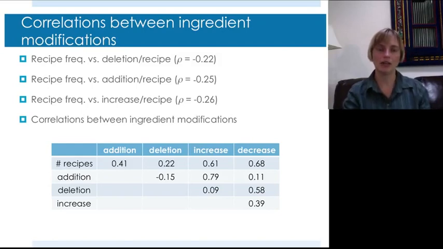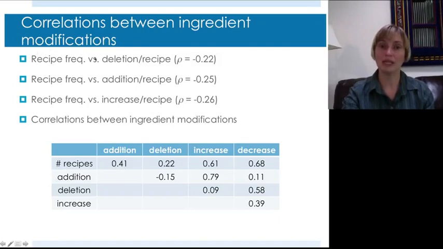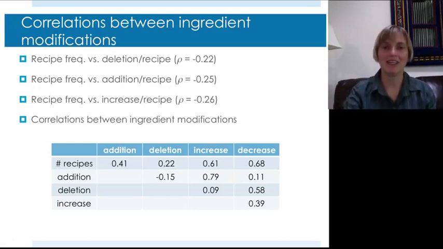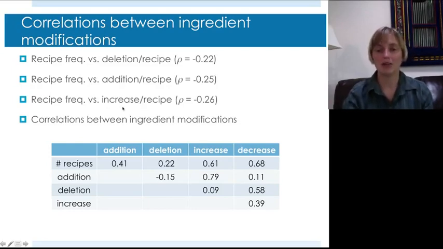In general, we can see some additional patterns. For example, ingredients that occur in a lot of recipes, meaning they're pretty essential, are less likely to be deleted. People are less likely to take them out, and they're less likely to be added. Probably they're so common that if they belonged in the recipe, they would have been included already, and they're also less likely to be increased.